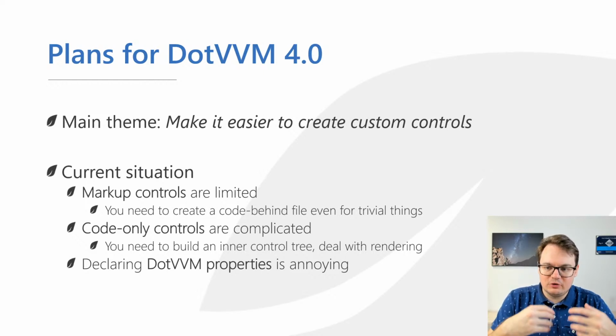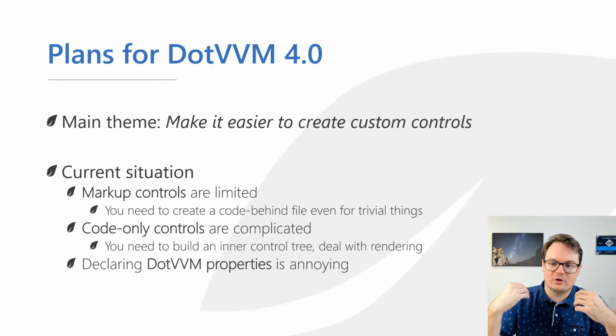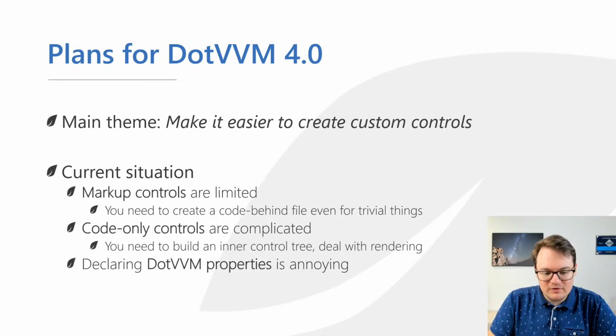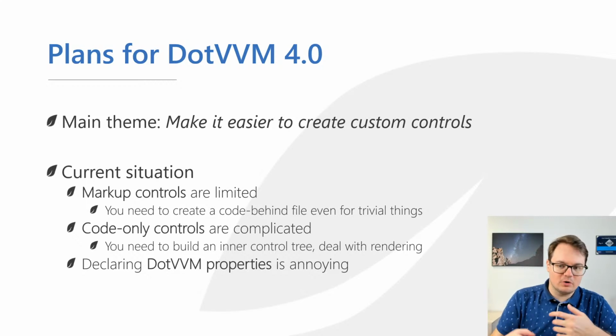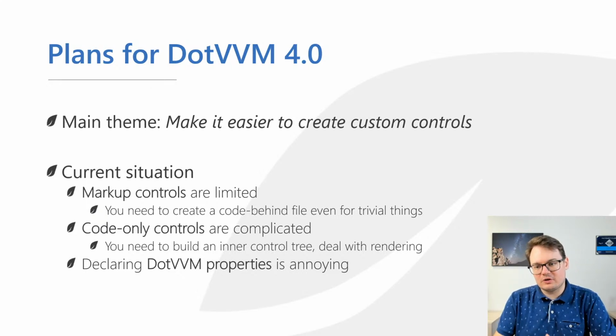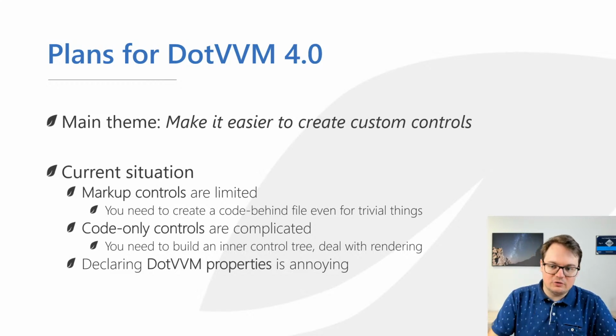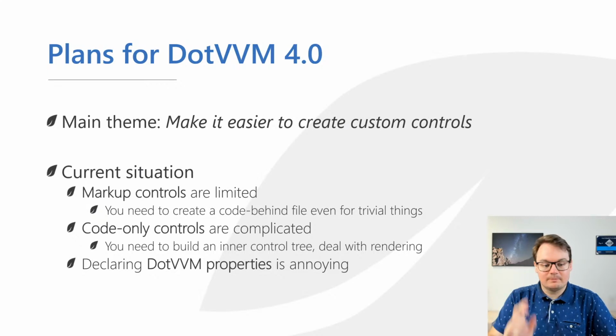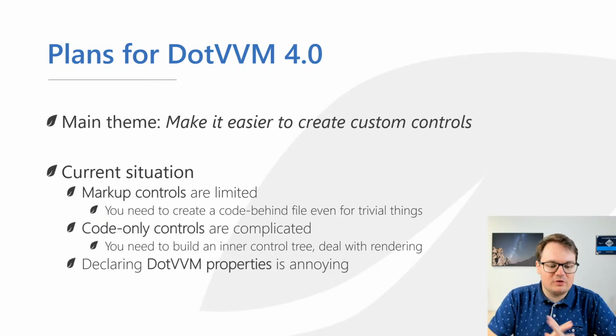That's why we want to change this, because we feel that this is starting to be a limitation for many users of .vvm, and if we can make it more straightforward, more intuitive, more easy, then I think it would be very useful, not only to people who are just writing these controls, but also to other team members who are just using the controls, because they will probably have more controls to use, and it should improve the development speed. So what's the current situation in the framework?